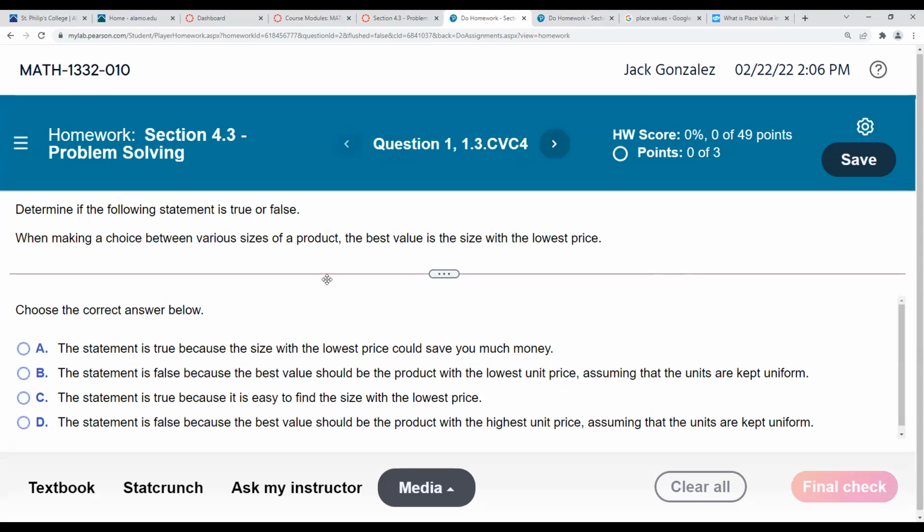So if you're at the store, and you're looking at different sizes, they have different prices. What is the best value? Is the size with the lowest price the best deal? Or is that true?